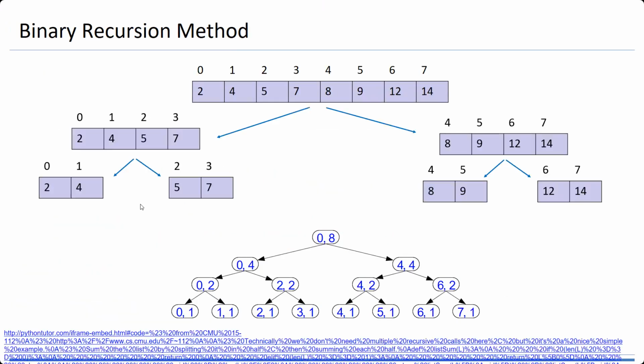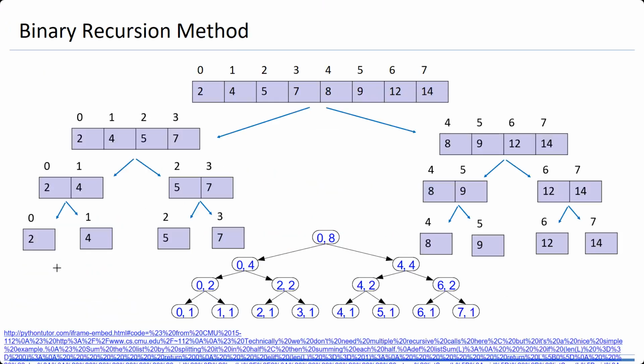Then if you do this one, we will do 2 plus 4, then the result here is 6. 5 plus 7, then we got the result 12. And then when we go back to this level, we have 6 plus 12, then the result here is 18.